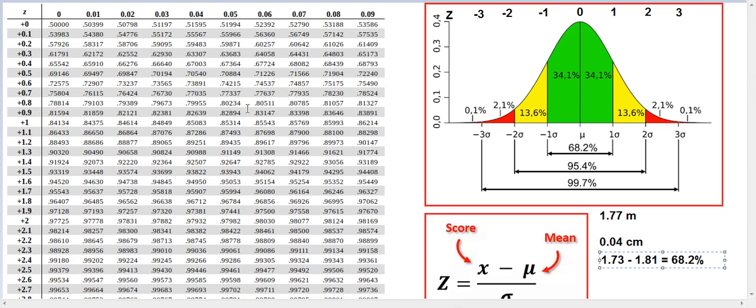Okay, what is the z-score? The z-score is going to use the position in this standard curve to give us probabilities for all ranges of data, not depending on the mean number or the standard deviation number.